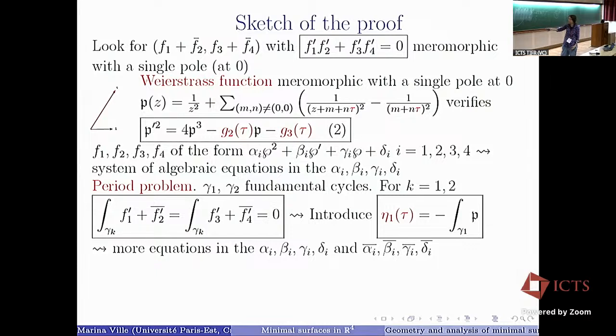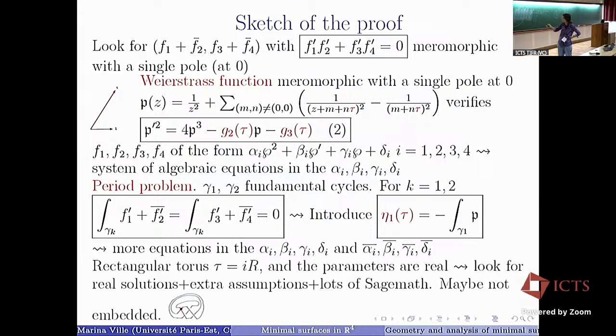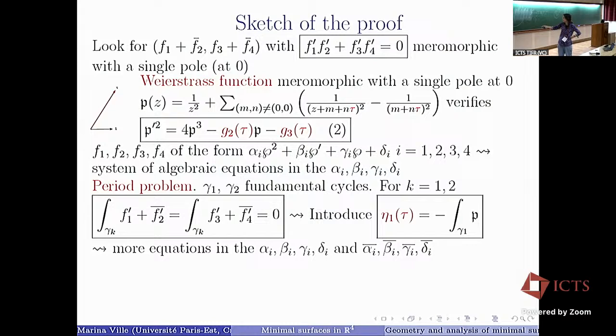The equations we get with these quantities are much less nice because they involve conjugates, not just complex equations. We could say there are so many equations and so many unknowns, but here we have conjugates. So what we end up with are all these equations in these four parameters, which all depend on tau: tau, G2, G3, and eta 1.